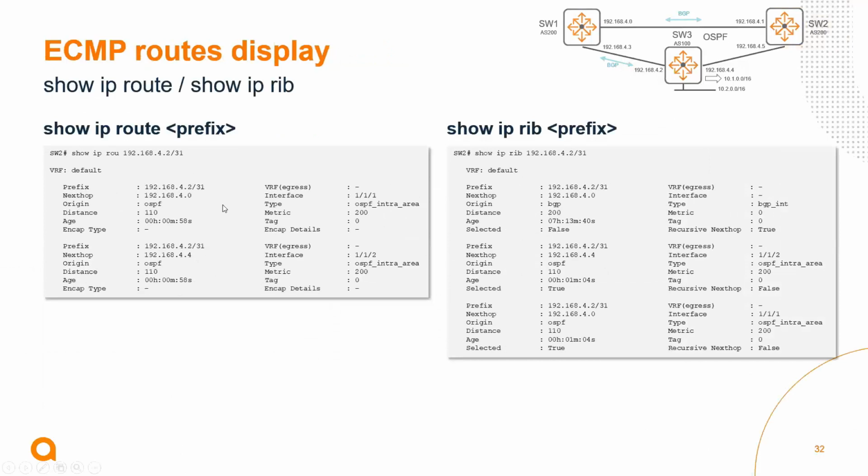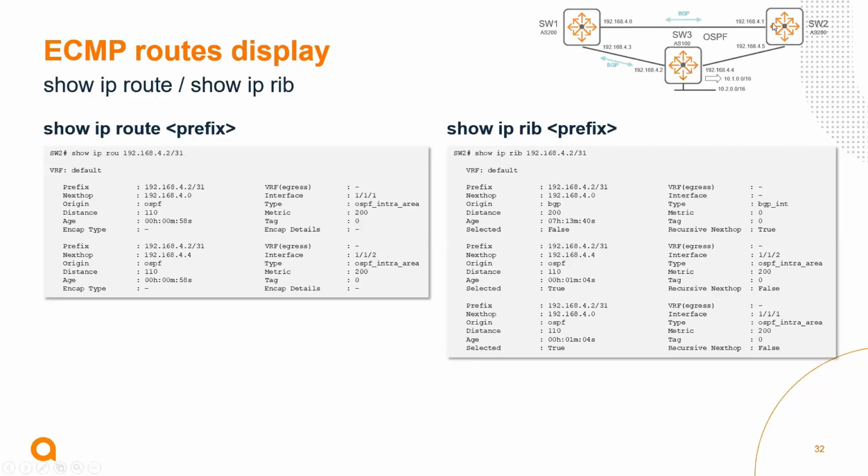Showing IP route and IP RIB for ECMP routes. In my example, I've got a subnet here, 192.168.4.2/31. That is known inside OSPF, and that is as well known from BGP. And it is known behind switch 1 and behind switch 3.